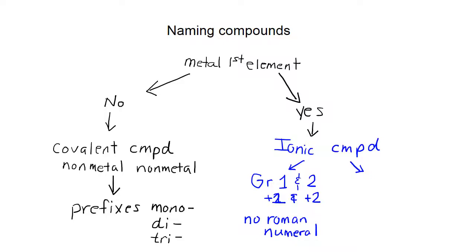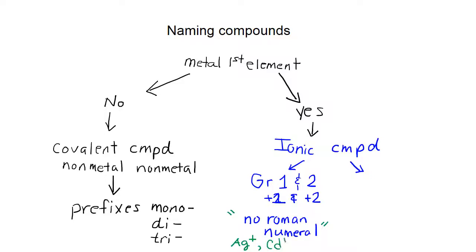All right, so no Roman numeral for group 1 and 2, but there are a few exceptions that you need to know that are not in group 1 and 2, but they always have the same charge, so you will not need a Roman numeral for these metal ions, okay? They are silver. Silver is always going to have a +1 charge.